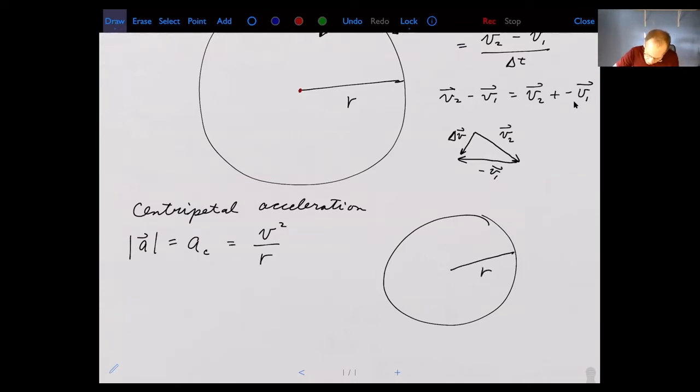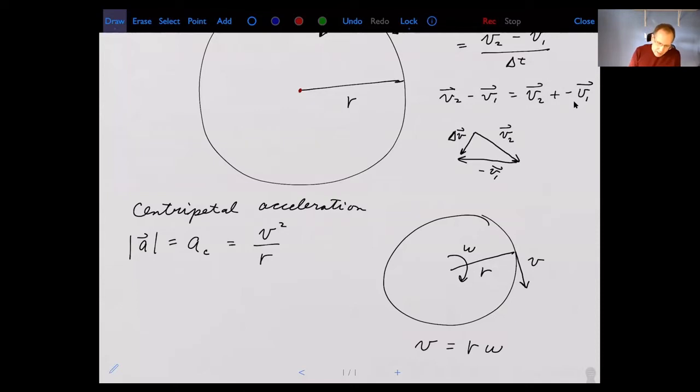Let's say I want to know the linear or tangential velocity v, and I'll just look at the magnitude of it, so I'll just call it v. And I know that the angular velocity or angular speed omega is so many radians per second. Then the v here, this tangential or linear velocity, is simply equal to r times omega.